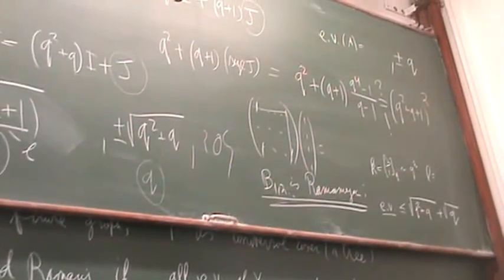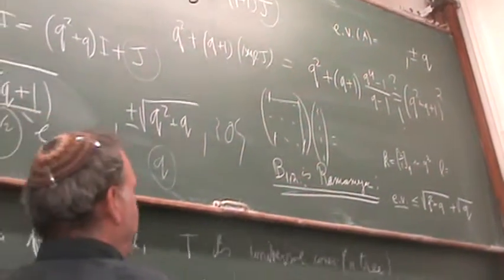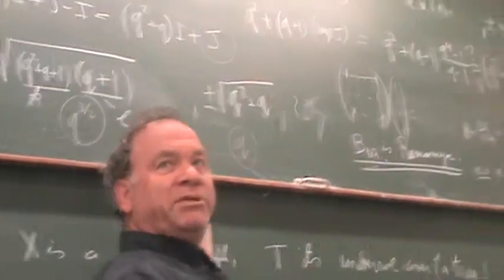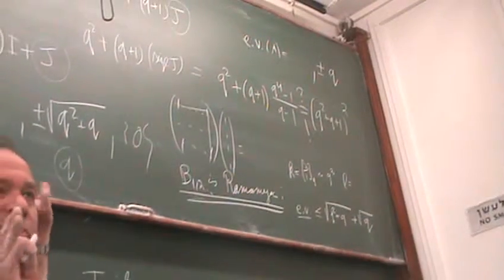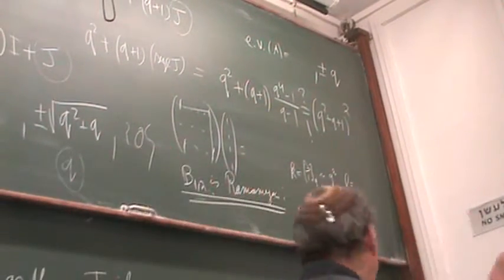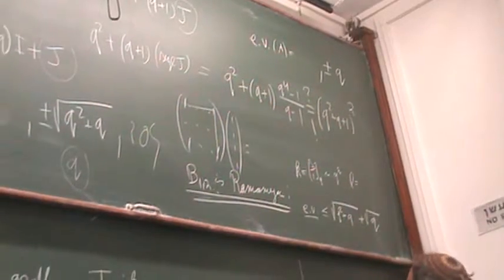Okay? And the question I want to raise to you, and the exercise, which I don't know how to solve myself, and I don't think it's a problem for people not to compute.